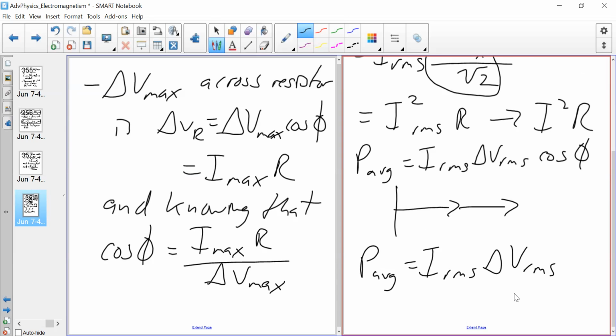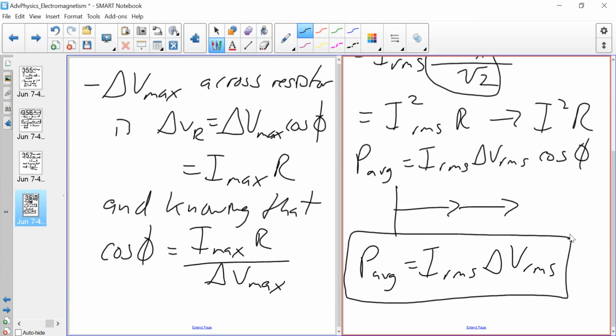So in this case, there would be no power losses when we're looking at the average power in an RLC circuit, because the phase above and below is basically the same. Not only that, in this case, we have no phase angle.